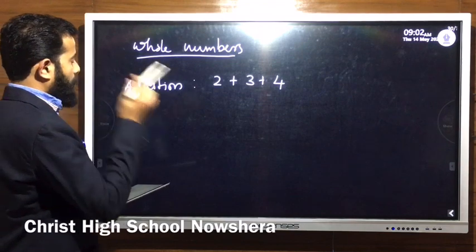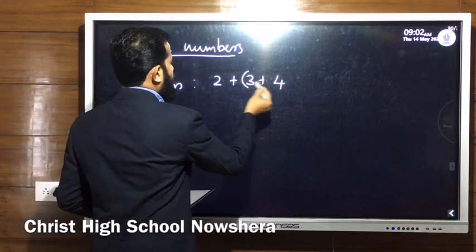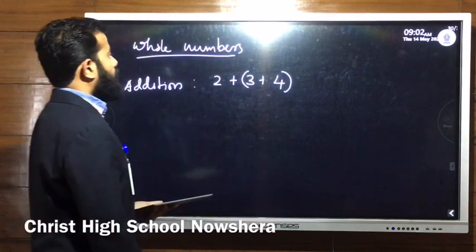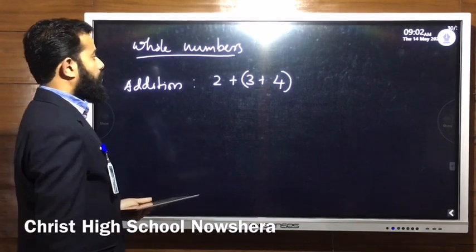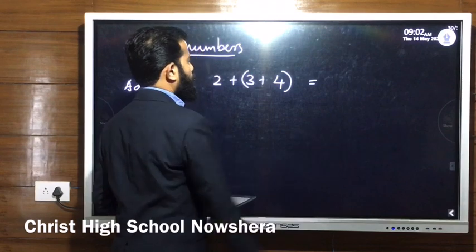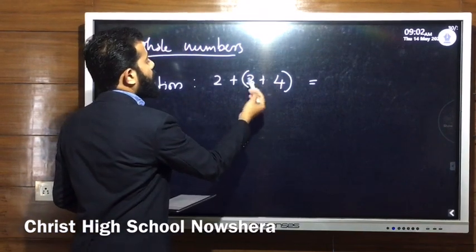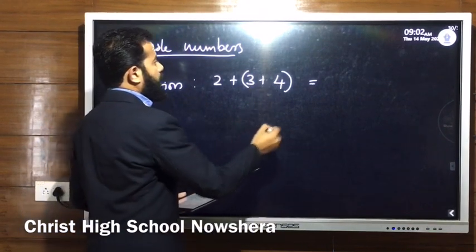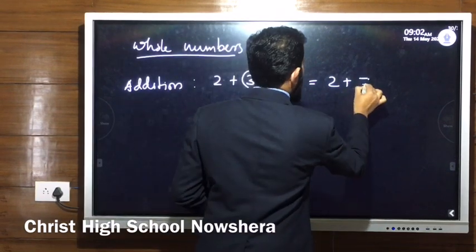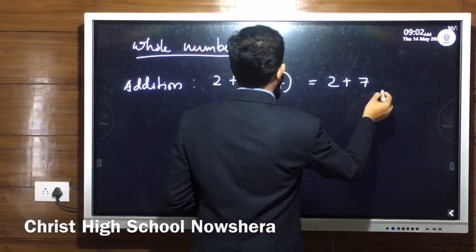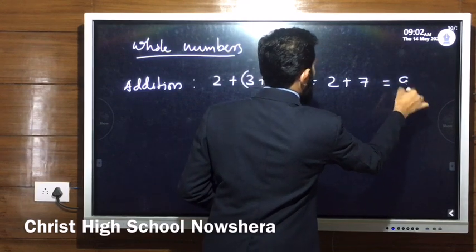In that case, I have made a group there: 3 plus 4 in one group and 2 is standing alone. What will be the final result? Usually we do the calculation inside the bracket first. 2 plus, what is 3 plus 4? 7. Then 2 plus 7 equals 9.